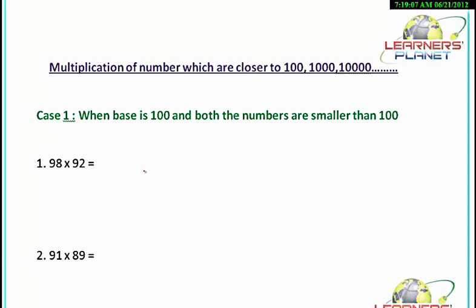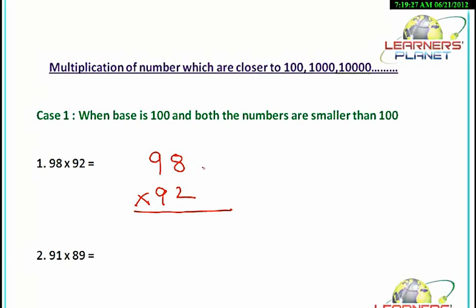Here we have been given 98 into 92. I would like to remind you we are taking the base as 100. So let's start calculating 98 into 92. We have to multiply.